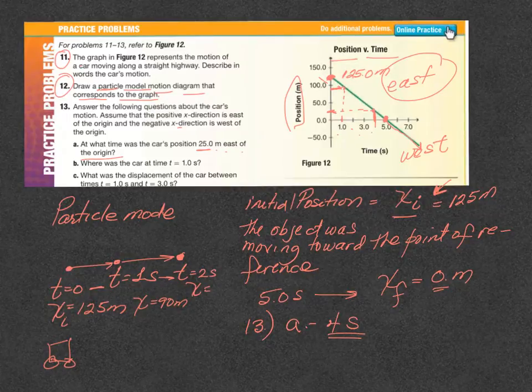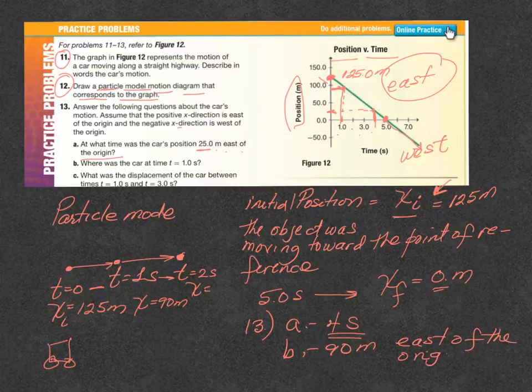Over here, 1, all the way up until we touch the line, and when we go over here, it's around 90 meters away. Okay, B, 90 meters away, or, now that I have more information, east of the origin. See that? Because now I know that the positive part is the east.